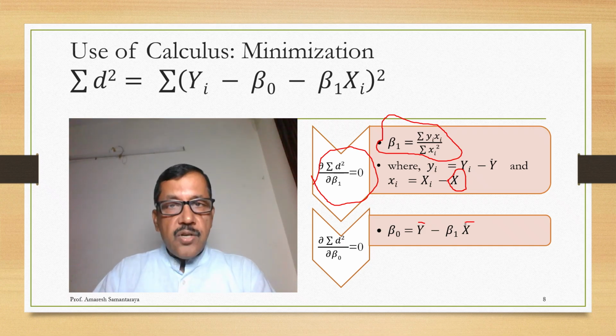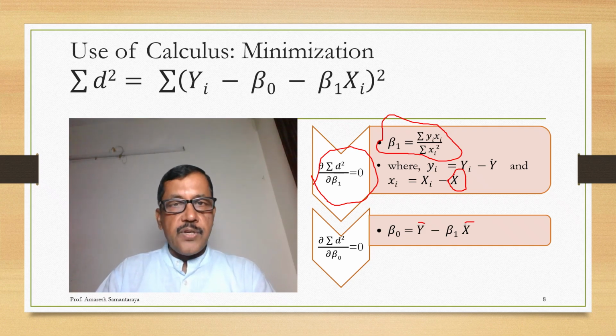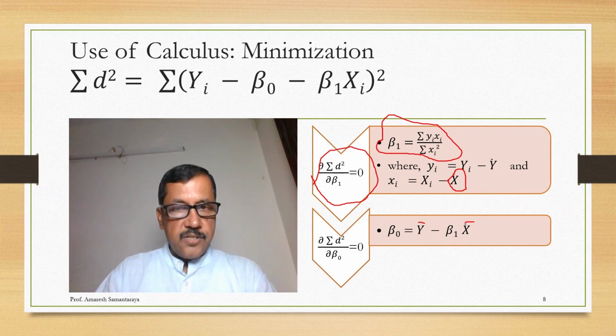Fortunately, you need not compute these values of lowercase yi, xi, beta 1, beta 0, etc. manually. Nowadays, econometric software is available. Once you enter the data and give the command for running OLS, you will get these values of beta 1 and beta 0 in a fraction of a second.